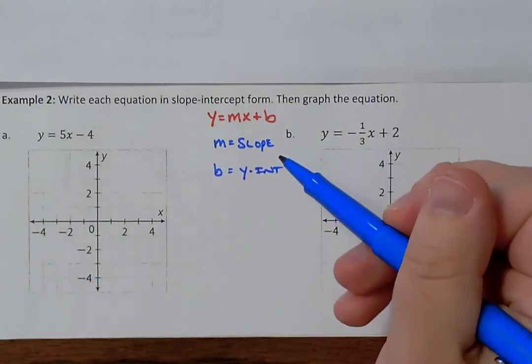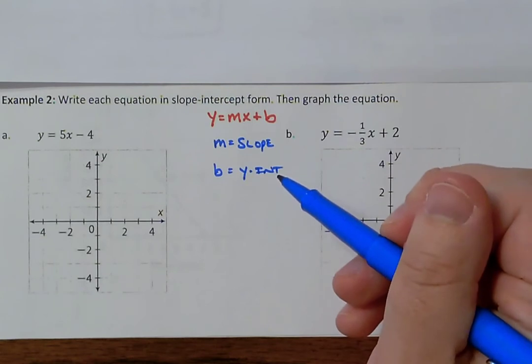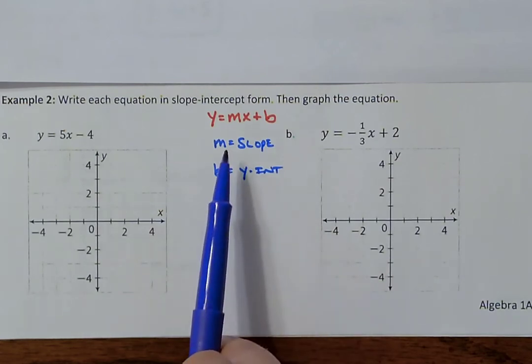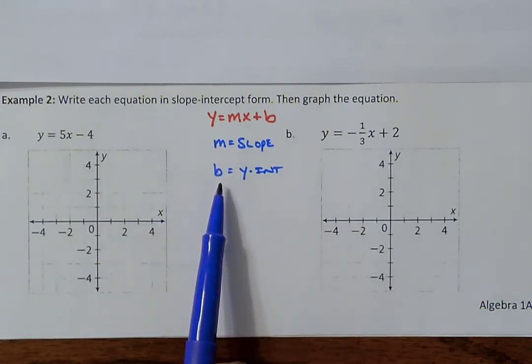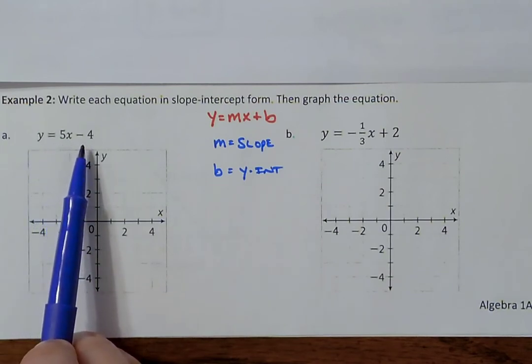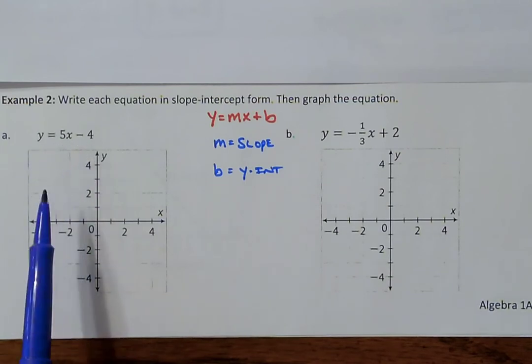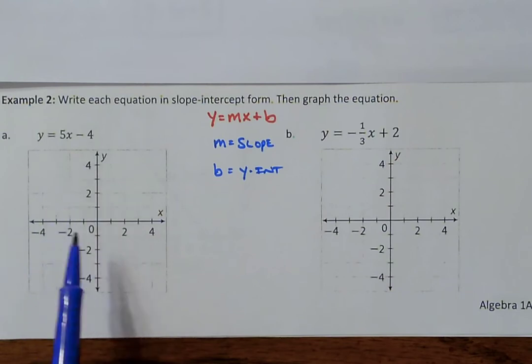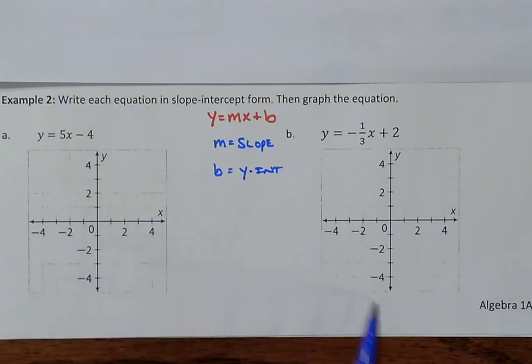Remember, slope is rise over run. Y-intercept is where it crosses the y-axis. So from each of your equations, you need to identify what your slope and your y-intercept are. So if we look at y equals 5x minus 4, the number attached to x is your slope. The number not attached to x is your y-intercept.